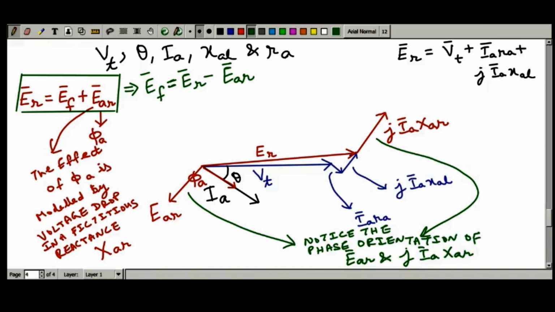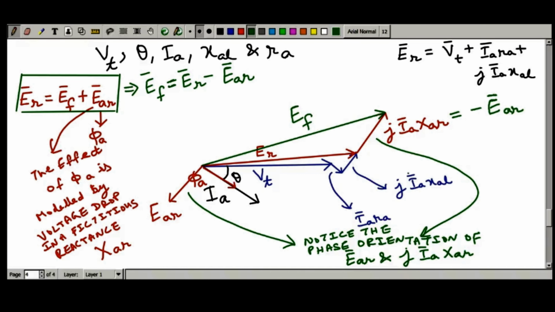They are 180 degrees out of phase, isn't it? So that means this thing can be equated to minus Ear. We can call this minus Ear, no doubt. So there is no problem in that. If we just add Er and minus Ear, we should get back our Ef, that is the no load EMF. So this is our no load EMF, Ef over here.